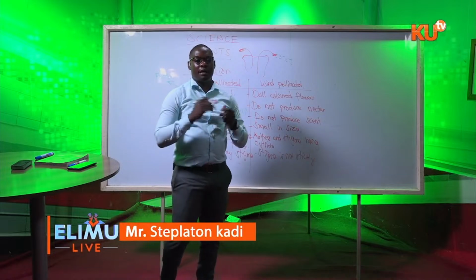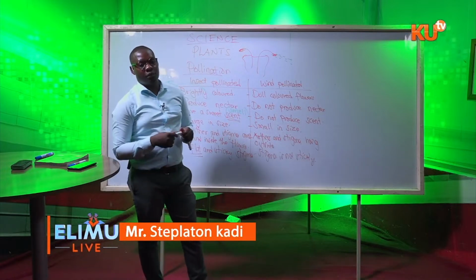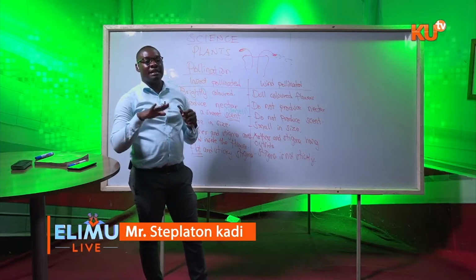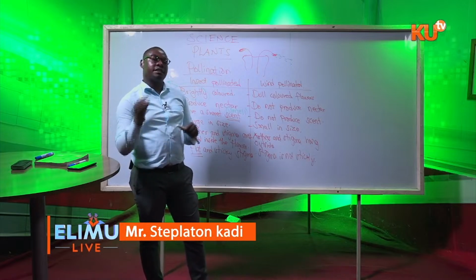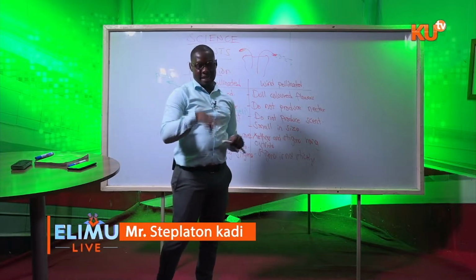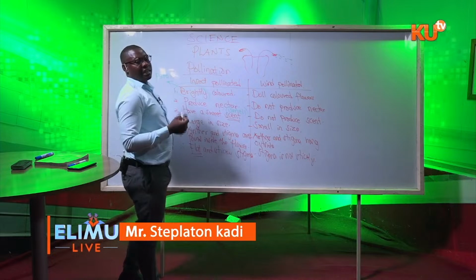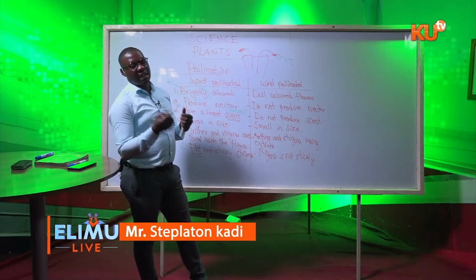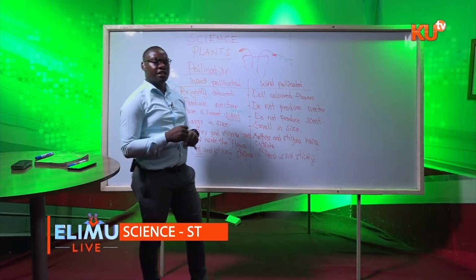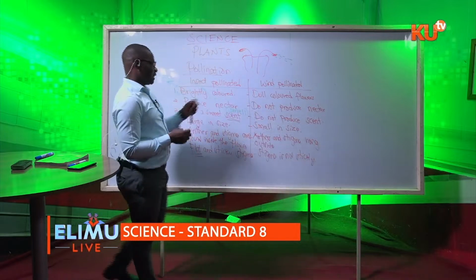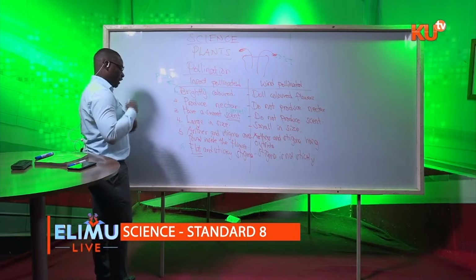The reason the stigma is flat is to give the insect a good landing surface, so as it's looking for the nectar, it can easily land on the flower. And it is sticky so that in case the insect is carrying some pollen grains on its body, the pollen grains will stick to the stigma. That does not apply to wind-pollinated flowers.